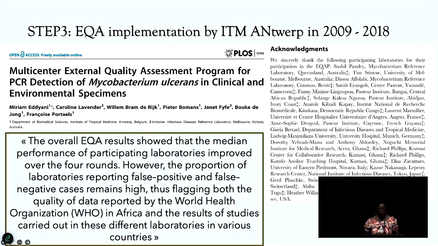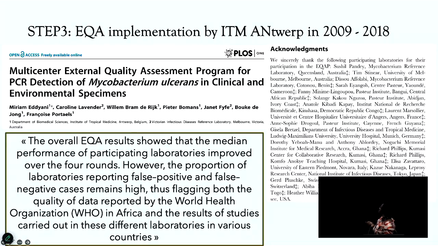You can see the list of some of the laboratories in the acknowledgement of this paper from Myriam. But during the last EQA in 2018, the conclusion from the SRL was that the overall EQA results showed that the median performance of participating laboratories improved over the 4 rounds.